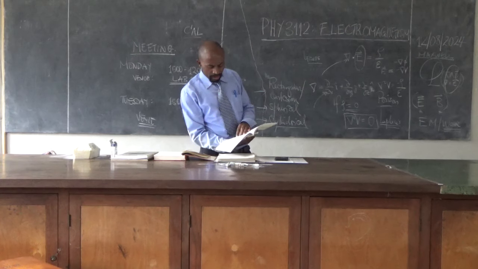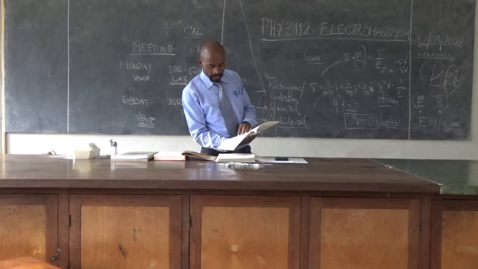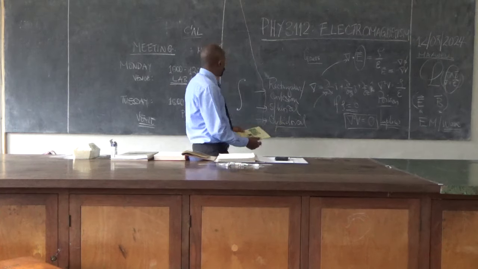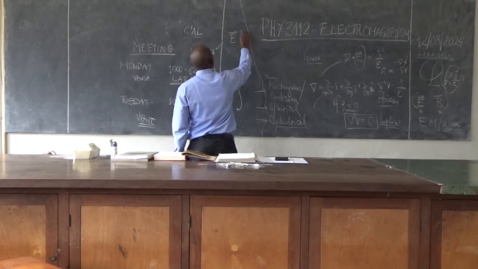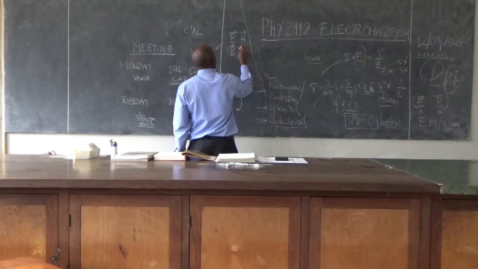Then be able to use simple models to explain magnetization of matter, and then derive and apply boundary conditions in electromagnetic field waves, the field vectors. When we talk of field vectors, E, H, B, and which other letter?